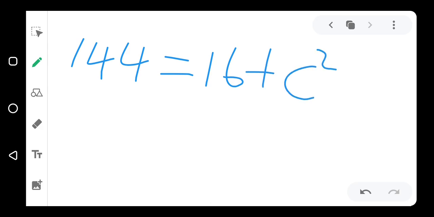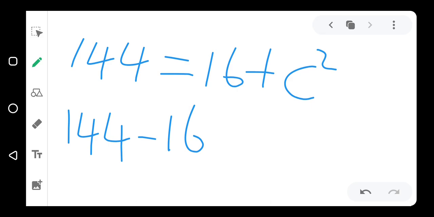And so here now we collect like terms. The numbers should stand alone and alphabet should stand on its own. So we have 144 minus 16. This is plus here. It is coming to this side. It becomes minus. Minus 16 is equal to c squared.